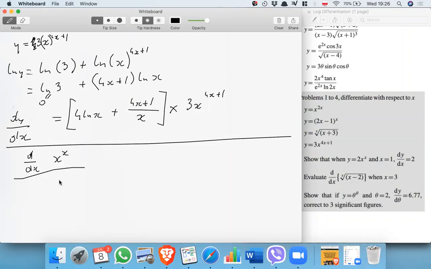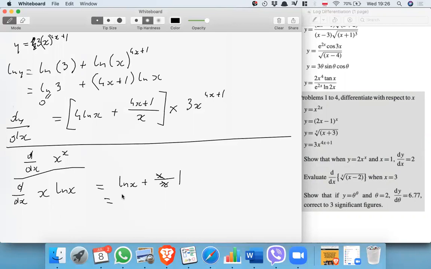So d/dx of x to the power of x. Taking the natural log of both sides, I'm going to end up with x ln x, and then taking the derivative of this is equal to ln x plus x over x, which is obviously 1.